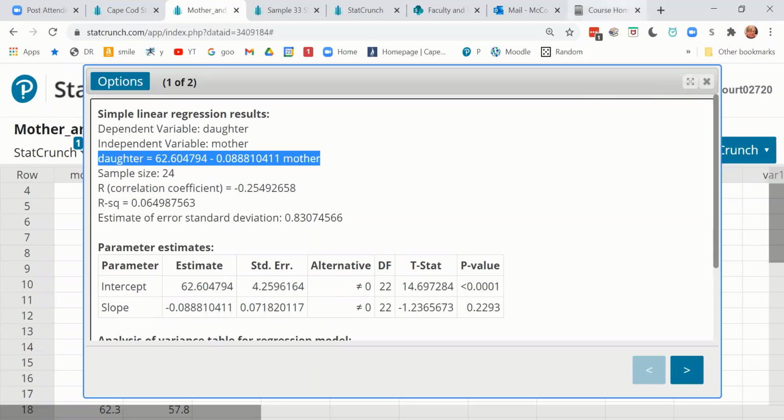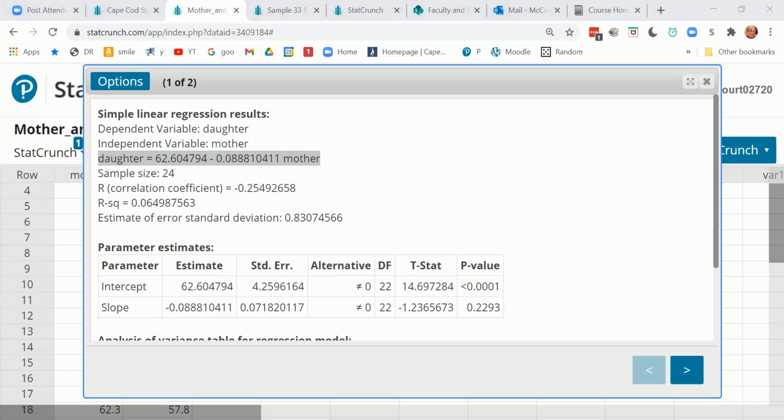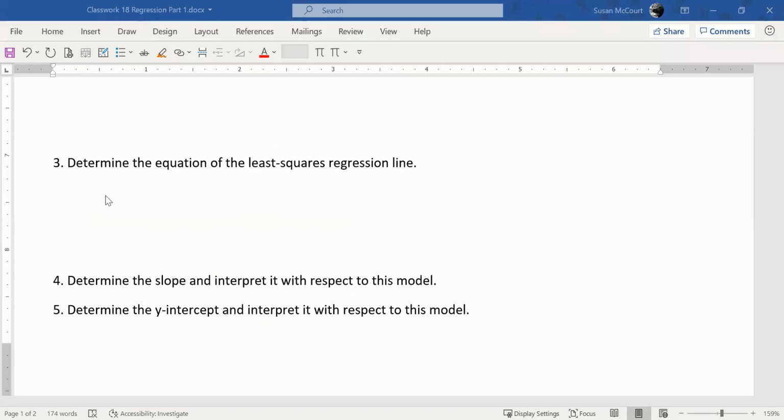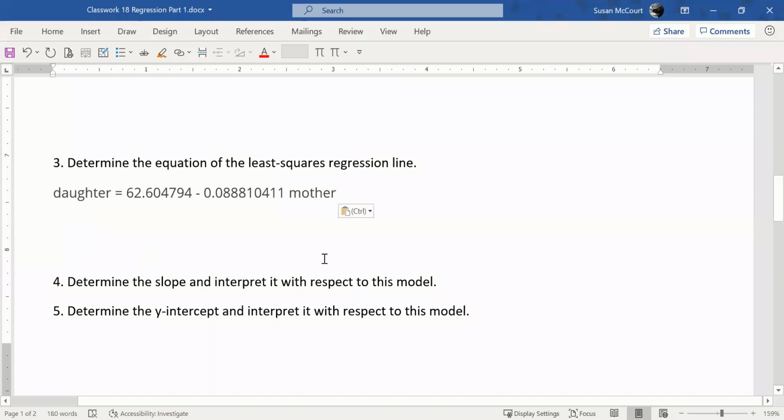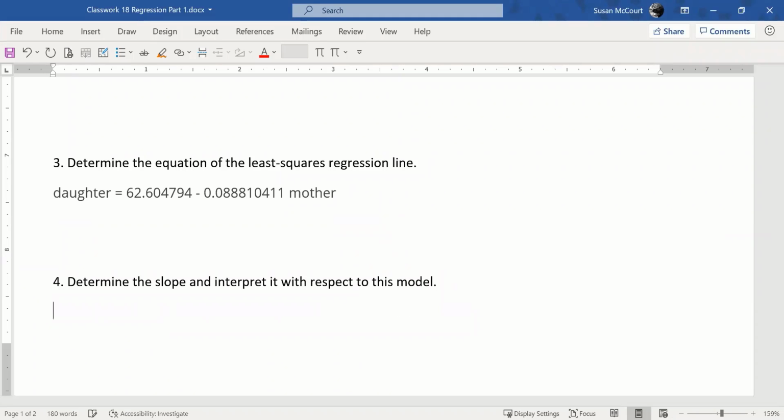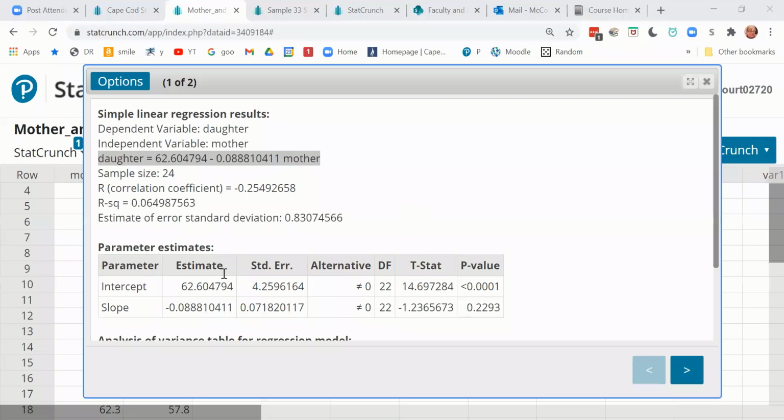So I copy that and go back and paste that. The slope and the intercept you can get from this equation, but also if you look in StatCrunch, the slope and the intercept are given right here. So there's no reason to get those incorrect.